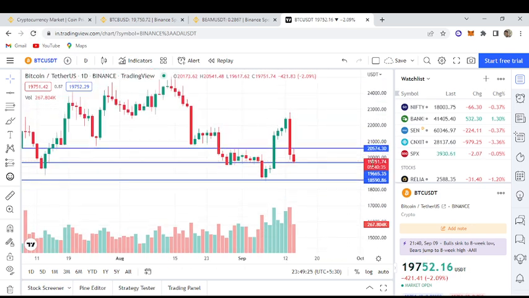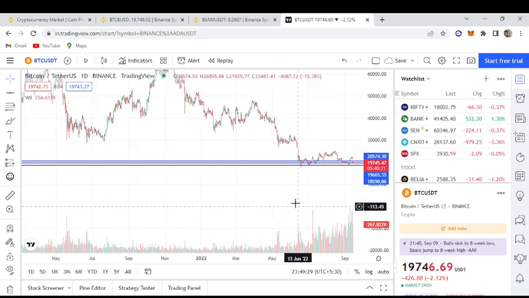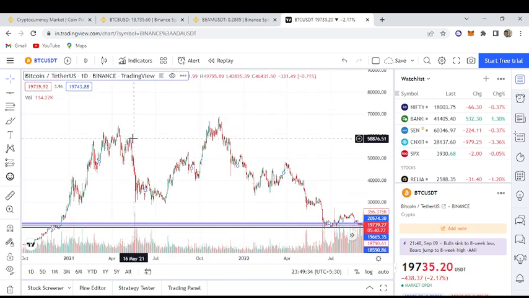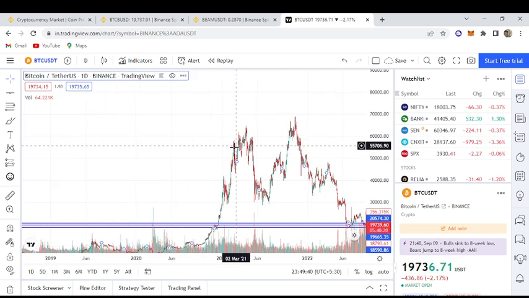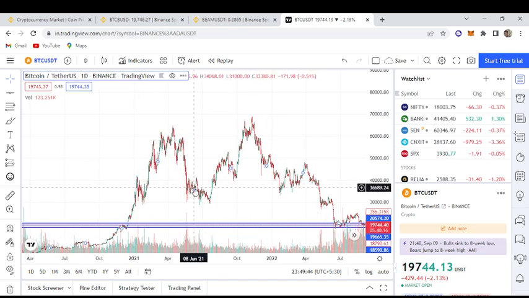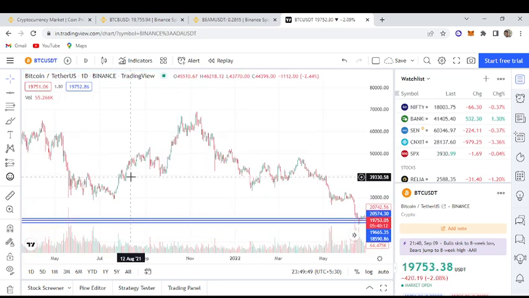Last bear market, I remember around this position, right? That was 10th May 2021. So people lost a lot, right? At this position, they had a lot of fear.